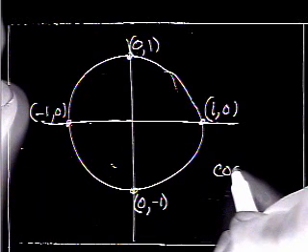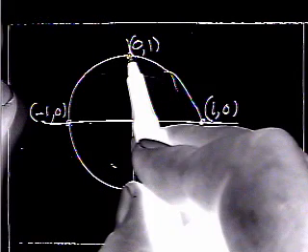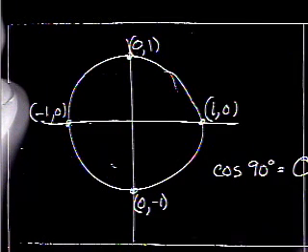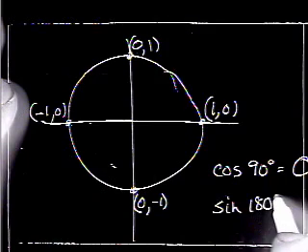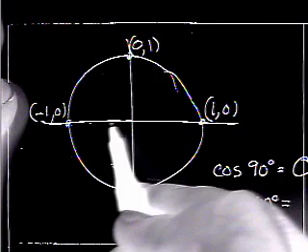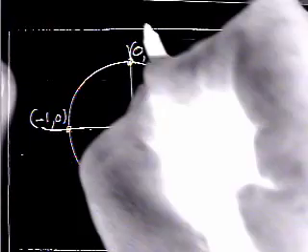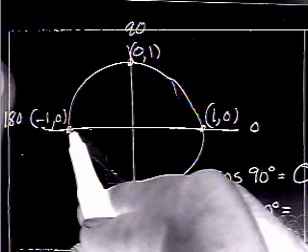And I'm going to ask you things like, what's the cosine of 90 degrees? Well, you go to that place on the circle and you tell me what the x value is. 0. What's the sine of 180 degrees? You go to that place on the circle, which is 180 is over here, right? Remember, it's 0, 90, 180, 270.